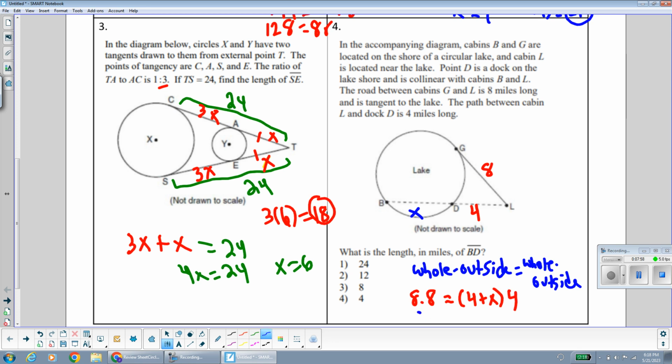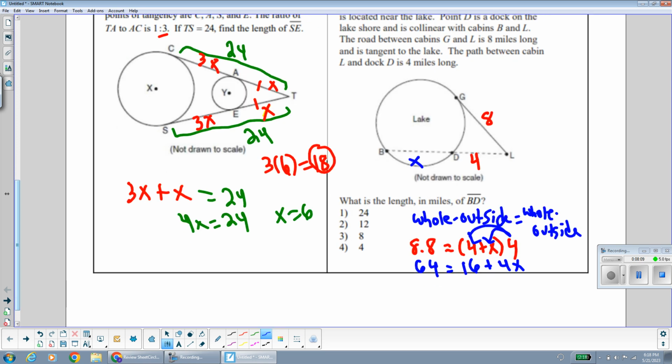So here we have 64 is equal to, now to distribute the 4, 16 plus 4x. Now from here, let's subtract 16 from both sides. 64 minus 16 is 48. And then let me divide by 4, and I get x is equal to 12. And x is BD, so we found what we were looking for here.